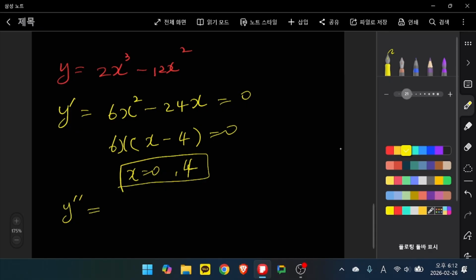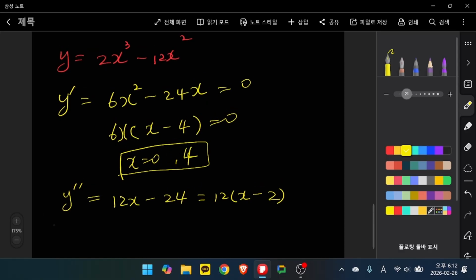The second derivative is... if I plug in 0 to the second derivative, it is negative.